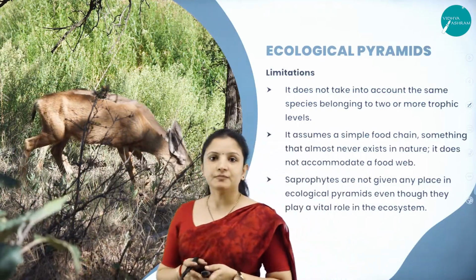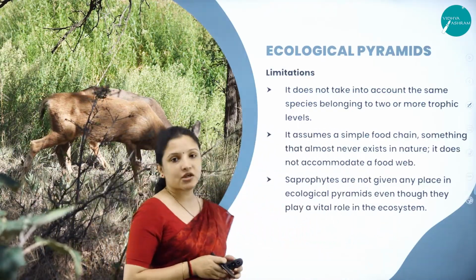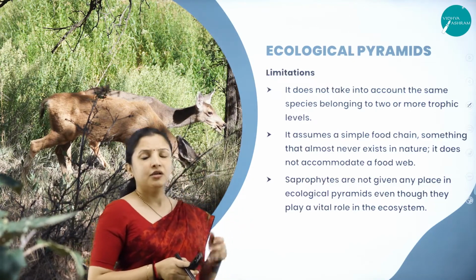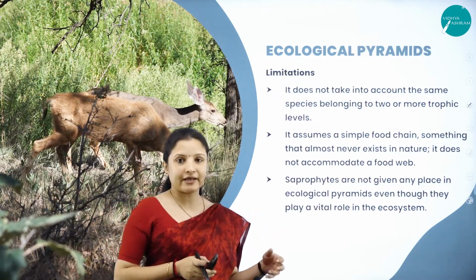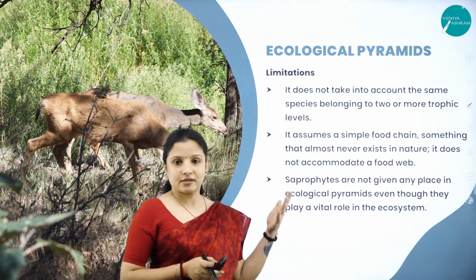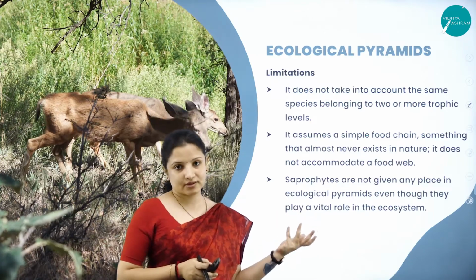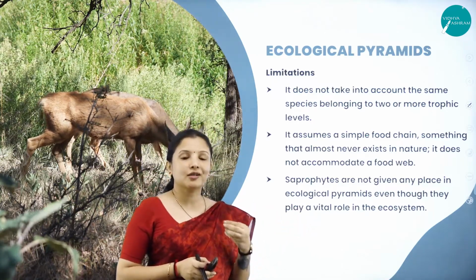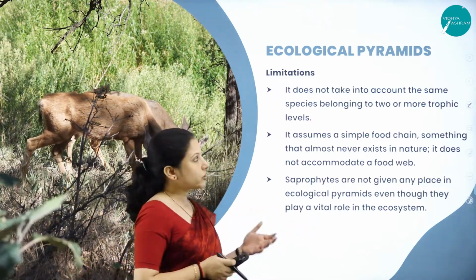Moving further, let's study the limitations of ecological pyramids. Anything in science has its own advantages and disadvantages, right? But here we are not talking about disadvantages. We'll just look into the limitations of ecological pyramids.